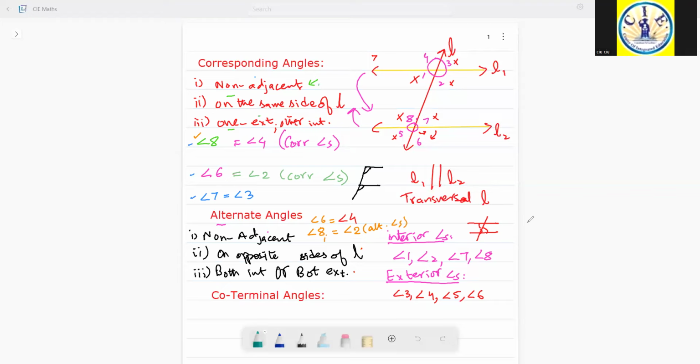That means these are the angles that share a common terminal side and are in standard position, meaning the initial side is on the positive x-axis.